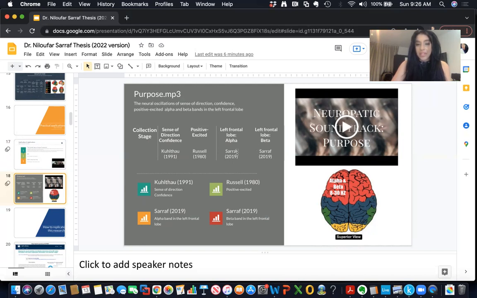And then the EEG of this collection stage was established by this thesis to be both alpha and beta bands within the left frontal lobe. And in the existing body of knowledge, the left frontal lobe is more or less connected with positive emotions. So that was a very exciting finding of this.